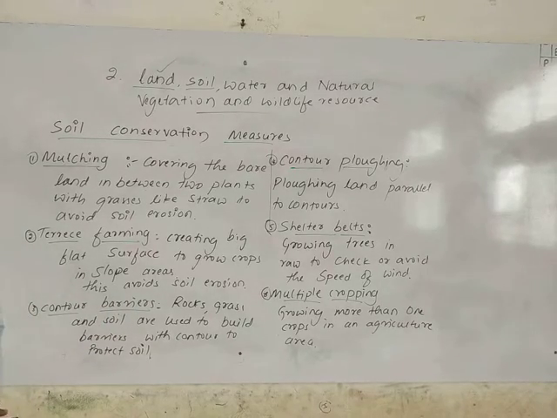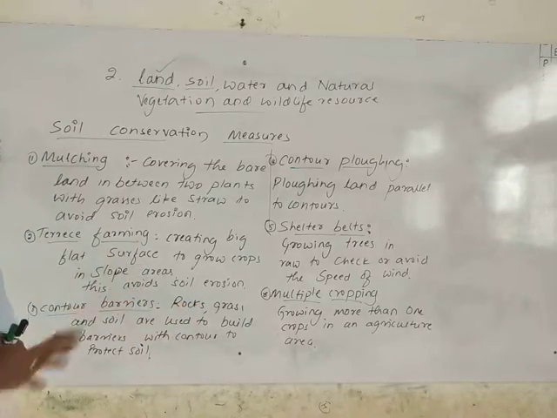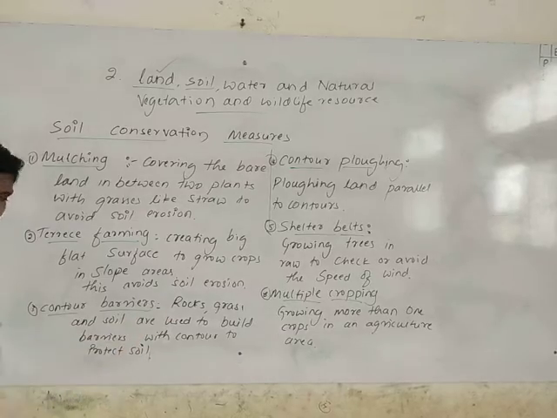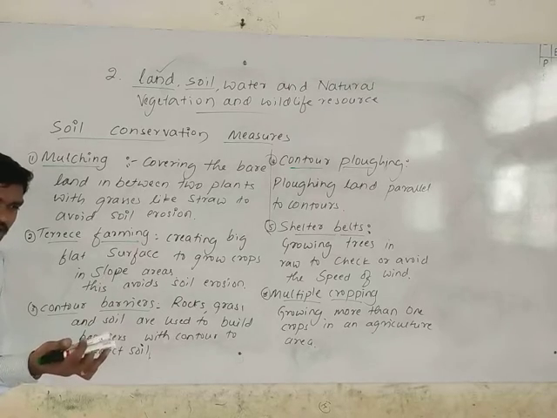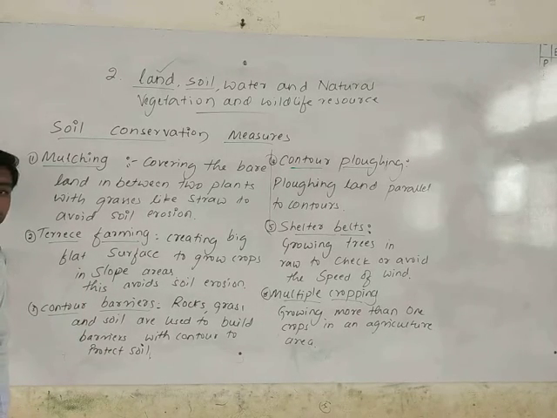That avoids the soil erosion. The roots of plants also catch hold of the soil and will not allow it to erode easily. Then multiple cropping, growing more than 1 crop in an agriculture field, avoids the soil erosion.